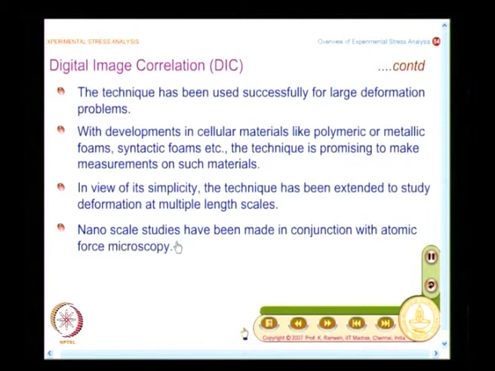Holography is also applied for nanoscale studies. So, the advantage here is, once you have the software developed for image correlation, by varying the size of the speckle and also your optical arrangement, it is possible for you to go to smaller and smaller scales or even large scales.